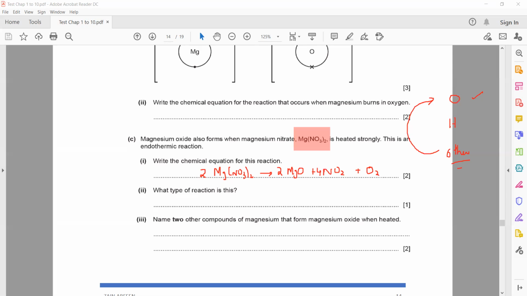The next part they ask, what type of reaction is this? Whenever you have only one reactant and more products, if a chemical reaction involves only one reactant and more products, this type of reaction is known as thermal decomposition.